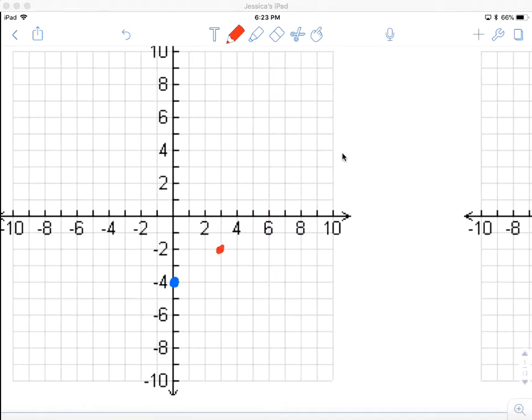I go up 2, right 3. If I go down 2, then to keep it positive, I go left 3. Down 2, left 3.